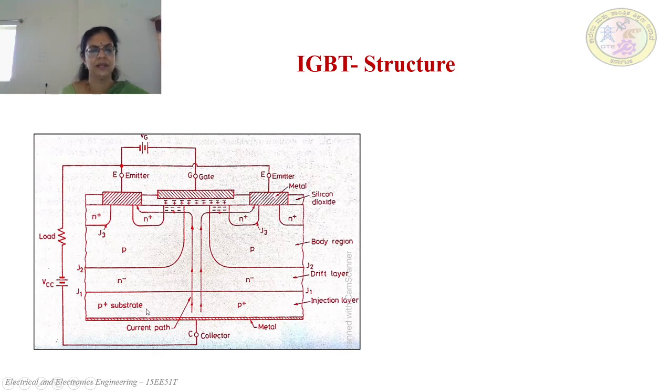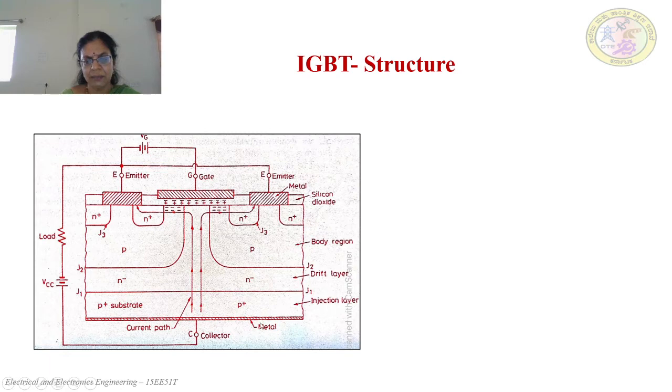In MOSFET it is N plus. You can see here there are two junctions J1, J2, and this is the injection layer, this is the drift layer, and this is the body layer.